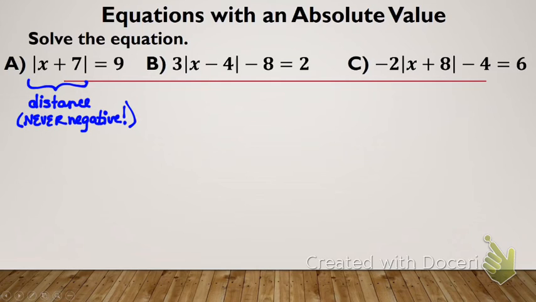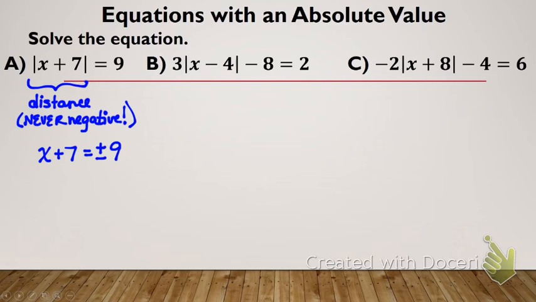But the effect the absolute value has on it is if I find a negative on the inside, the absolute value will turn it into a positive. So if I'm trying to figure out what x is, I know that x plus 7 is equal to either positive 9 or it could be a negative 9 on the inside, right?